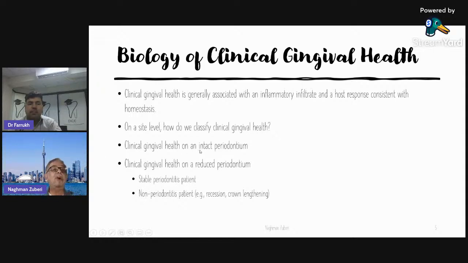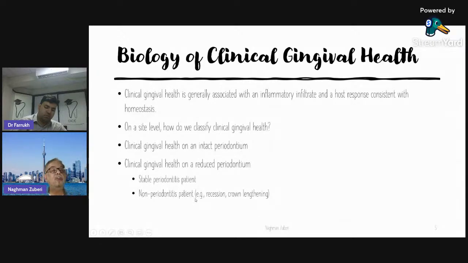Clinical gingival health on an intact periodontium, as I told you, is where we do not have any loss of clinical attachment. Clinical gingival health on a reduced periodontium could be a treated case of periodontitis which is stable now, so it is a reduced periodontium, but it is a stable periodontitis case.